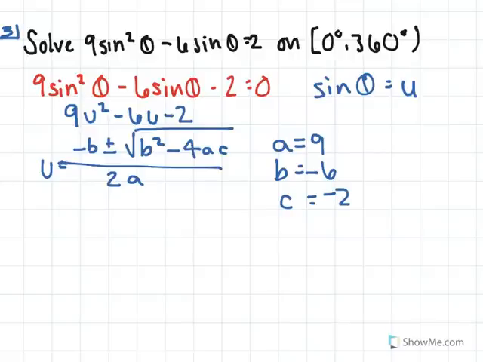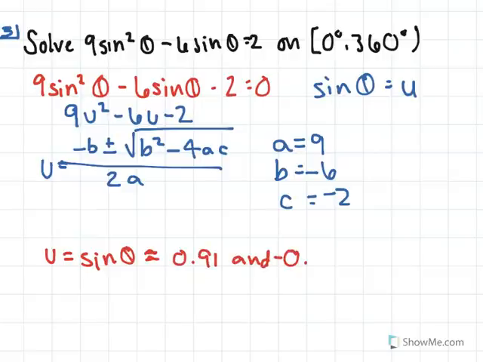So if we were just to plug those values in, we would use a calculator and we would find that u, which is equal to sine of theta, equals approximately 0.91 or negative 0.24.